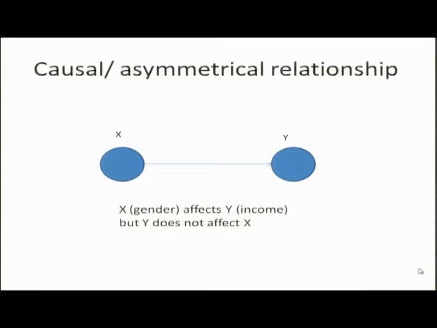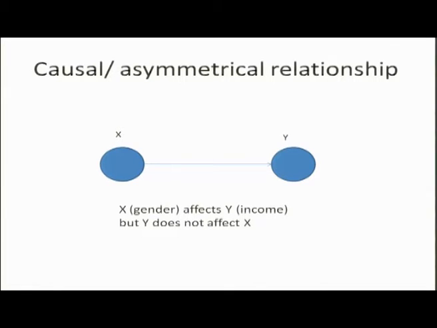Now, more on the nature of relationship. As I said, a relationship is causal if changes in x at one point of time produce changes in y. X may be gender and y may be income. Now, gender affects income.